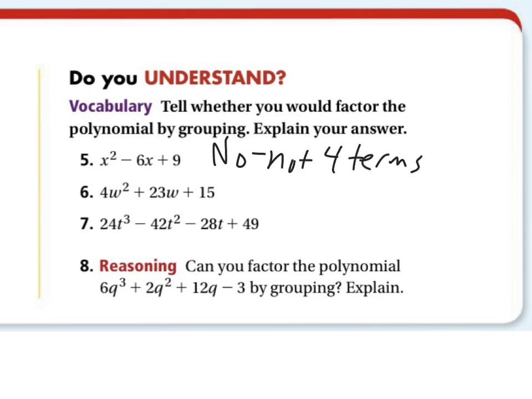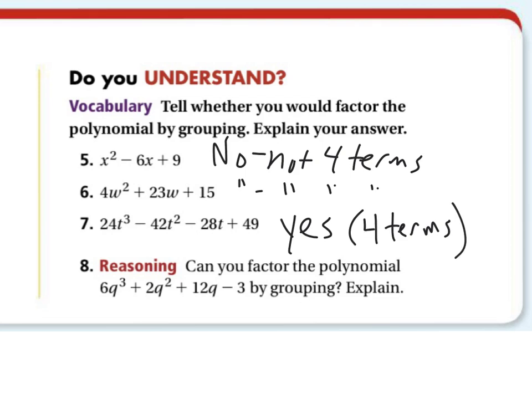Now again, you could potentially split up that middle term like the book did, but if you don't split it up like that, then we would not do factoring by grouping. Number 6 would be identical answer. It's not 4 terms either. This would be yes. There are 4 terms here.